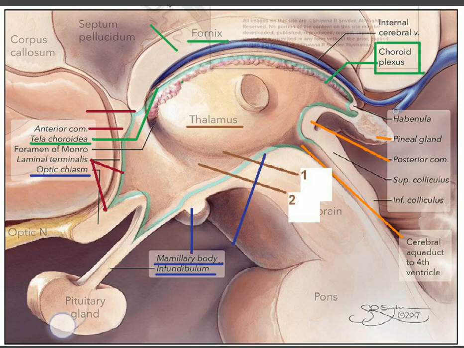This is the tela choroidea, and below the tela choroidea there is a choroid plexus projecting downwards from the roof, and the undersurface of the tela choroidea is lined by ependyma, the neuroglial cells.